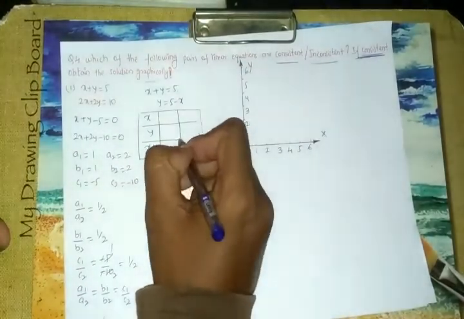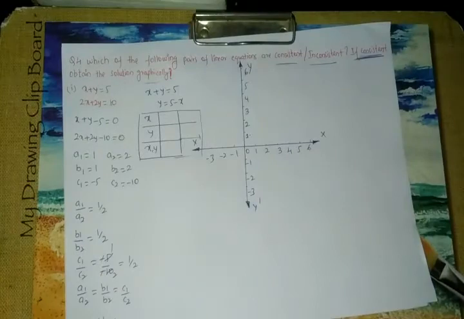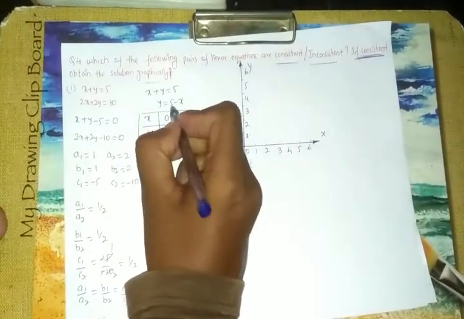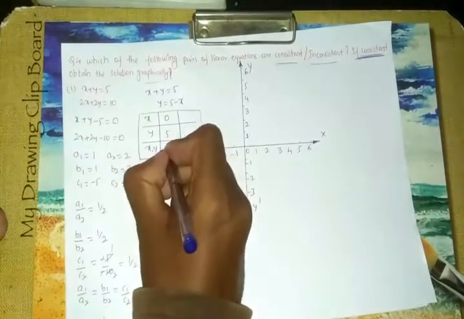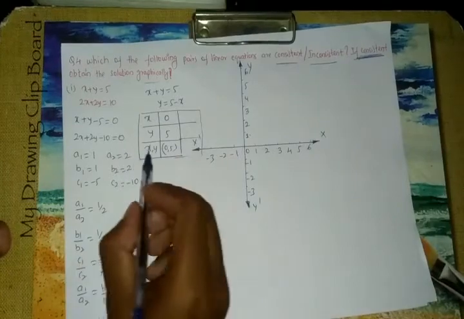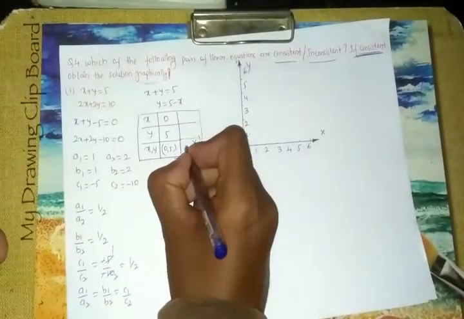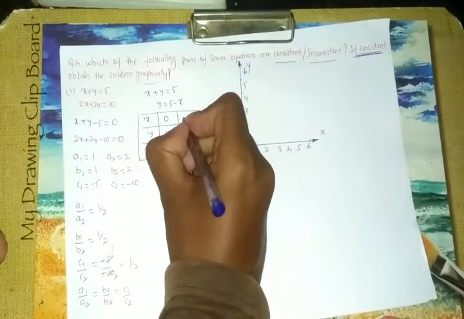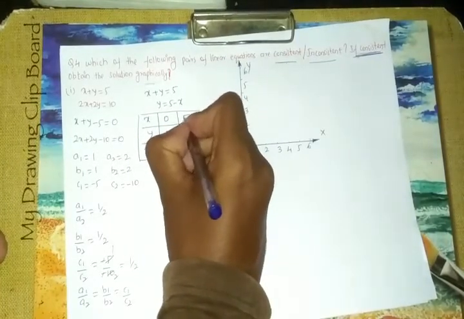So I put the value of x as 0, I will get the value of y as 5. So it is 0 comma 5. Now when I put the value of y as 0, I will get the value of x as 5.